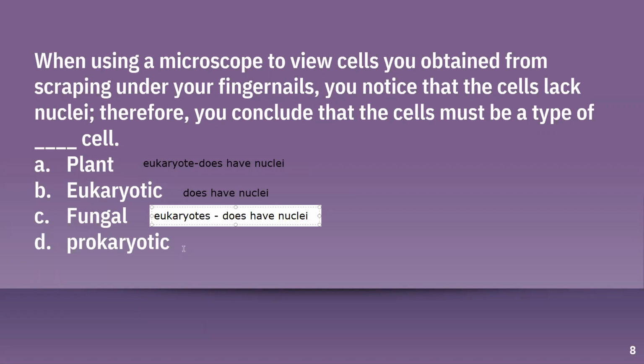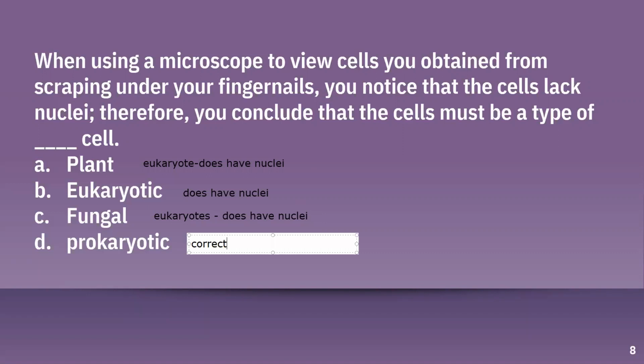Okay, so that leaves you with prokaryotic. Prokaryotes have a nucleoid region. They do not have a membrane around the DNA. Okay, so the correct answer is prokaryotic.